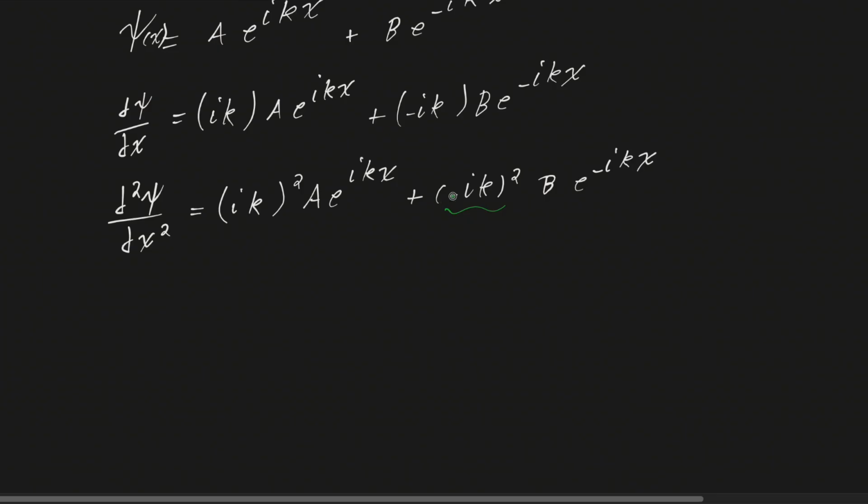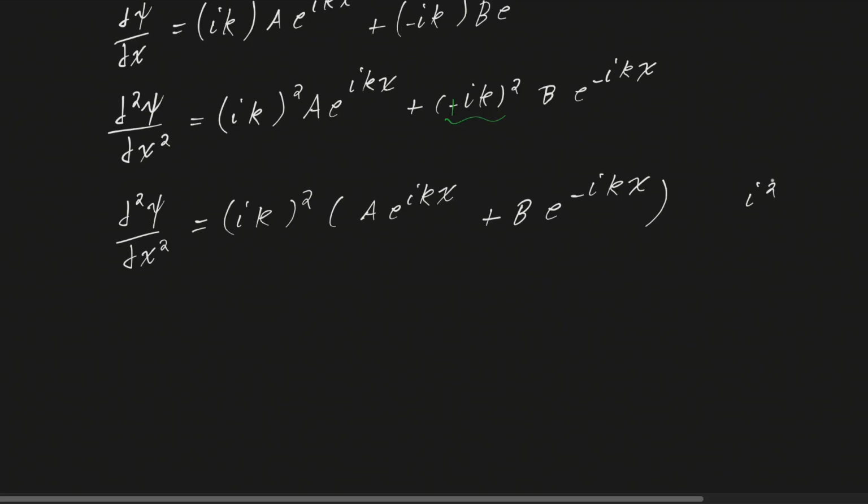We can swap it for a positive and take the whole expression common, so d squared psi by dx squared equals (ik) squared times A exponential ikx plus B exponential minus ikx. We note on the side that i squared is equal to minus 1.